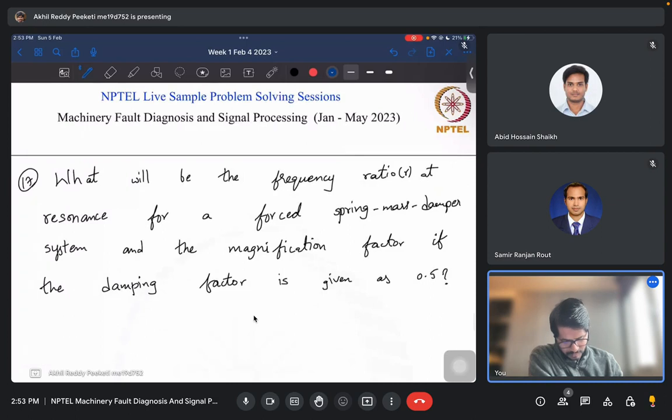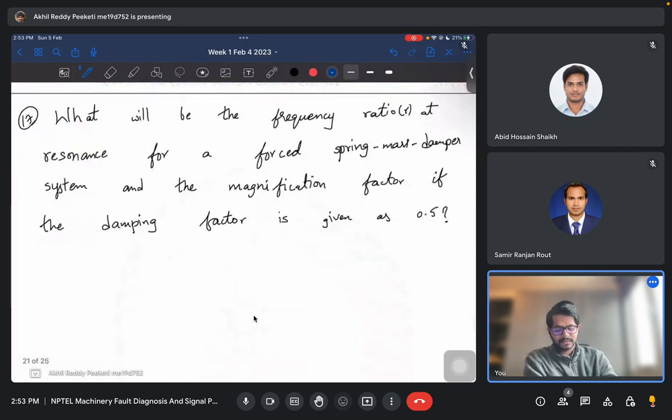Okay, next question also. Now this question is about a forced spring mass damper, and they are asking what will be the frequency ratio at resonance.